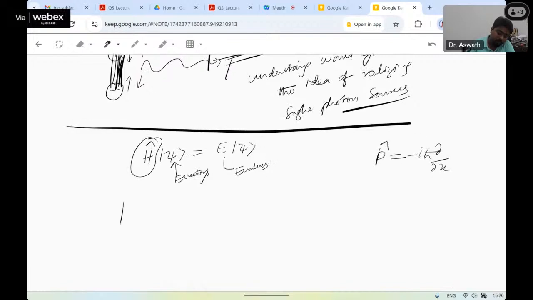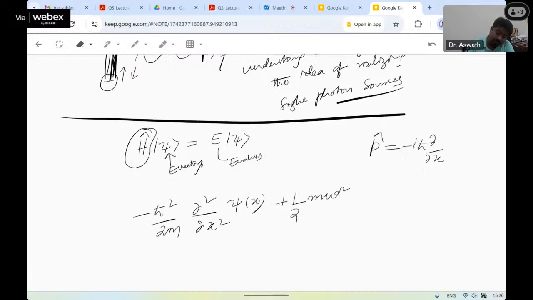The Hamiltonian would become minus h cross square by 2m dou square by dou x square plus half m omega square x square, acting on psi of x, equal to E into psi of x. This is the quantum state in continuous form, not in the form of Dirac notation.